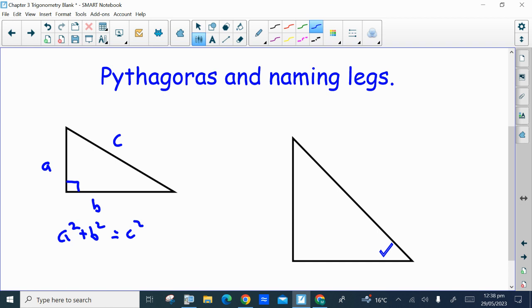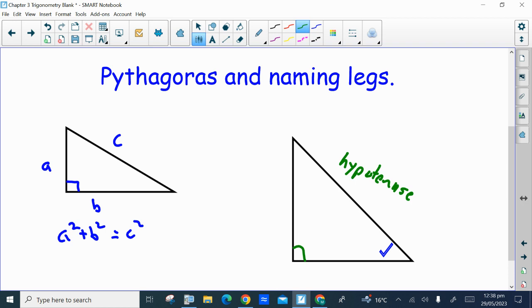That's nothing new. But as we start working towards these trig ratios, we have to know how to label the sides of a right triangle appropriately. So we've always said that the side across from the right angle is the hypotenuse. So let's label that side as the hypotenuse. It's across from the right angle.